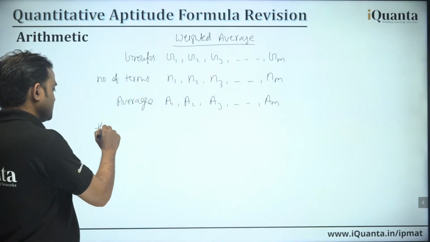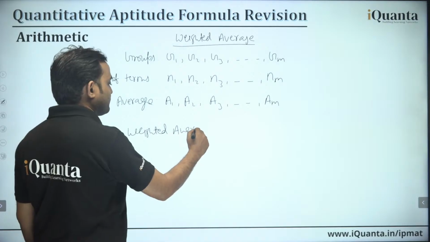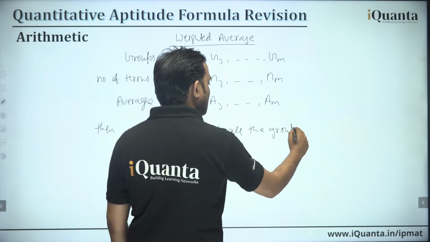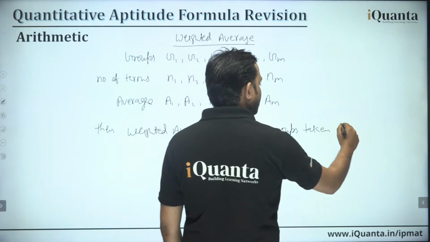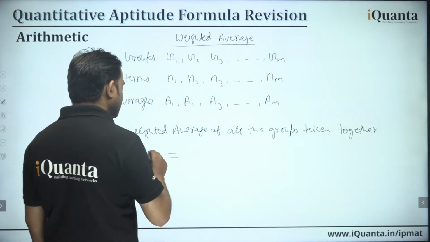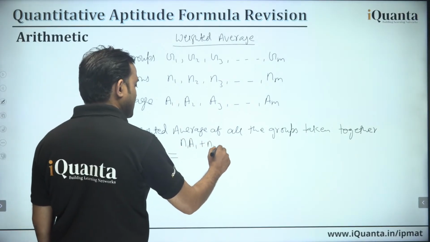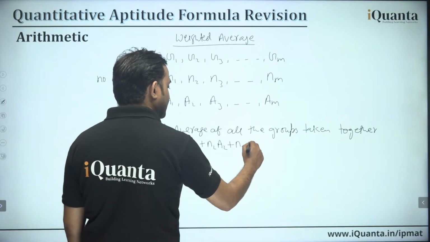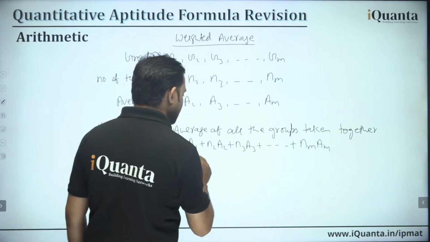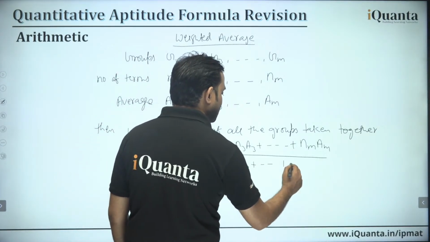Then the weighted average of all the groups taken together, let's denote it by AW, will be equal to N1 A1 plus N2 A2 plus N3 A3 till Nm Am, divided by N1 plus N2 plus N3 till Nm.